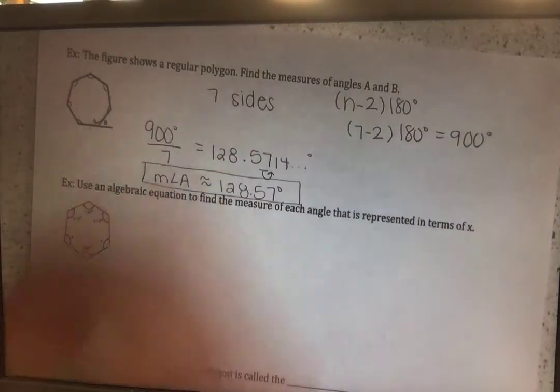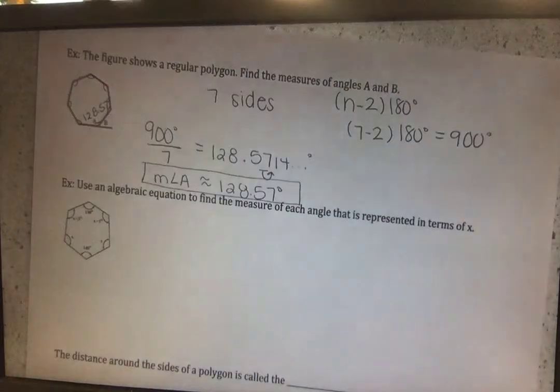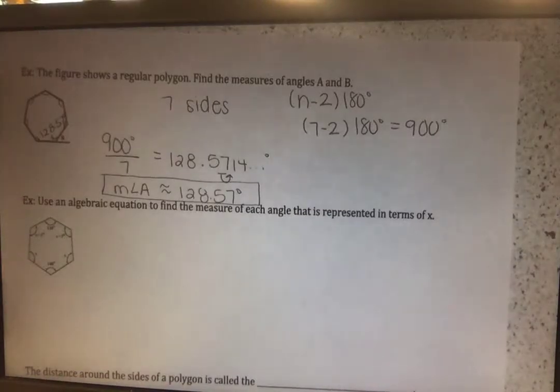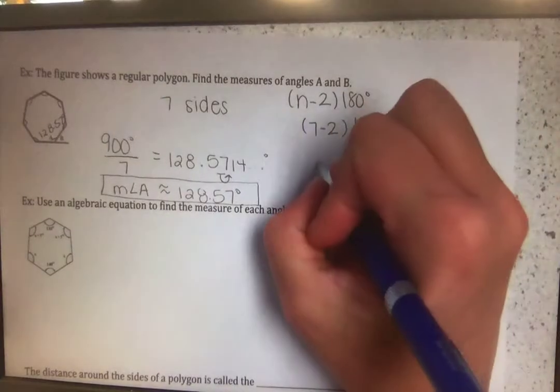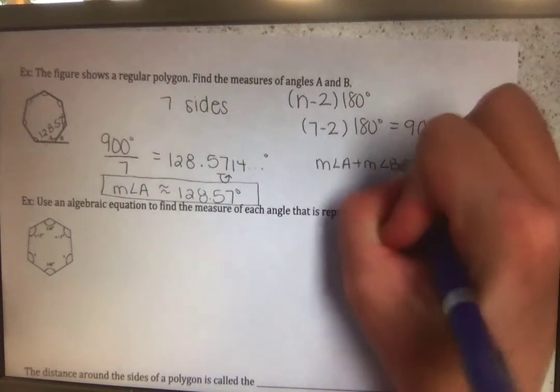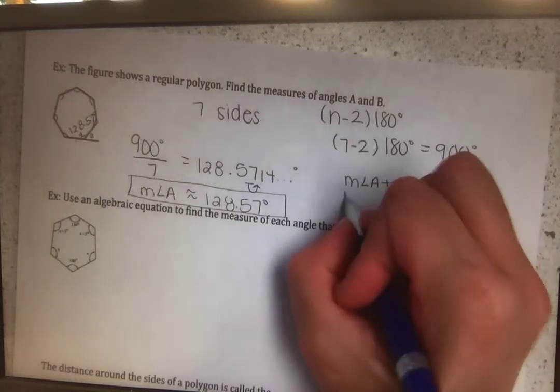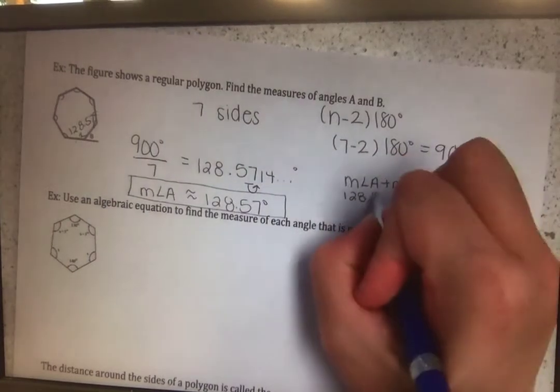The measure of angle A is 128.57 degrees. Measure of angle B: I know that A and B together make a straight angle, a straight line. So the measure of angle A plus the measure of angle B will give us 180 degrees. We know the measure of angle A is 128.57.